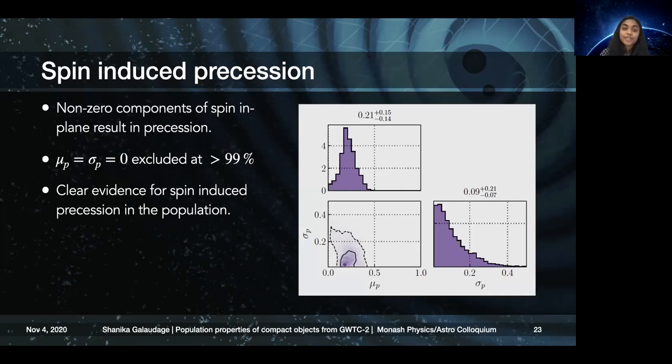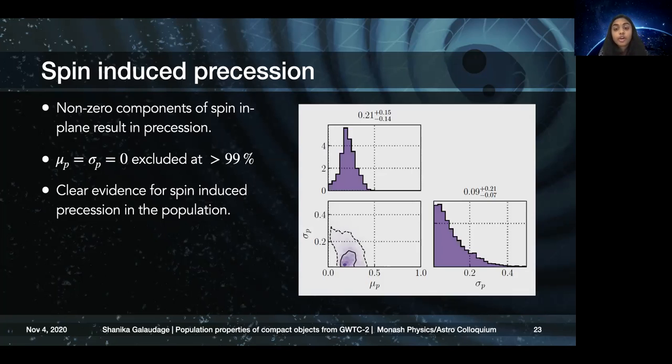Another exciting result from this population study is the clear evidence of spin-induced precession. Precession is a result of having non-zero components in your in-plane spin. You can have spins that are perfectly aligned with the orbital angular momentum, or you can have some component in plane, and if you have a component in plane, you get precession.